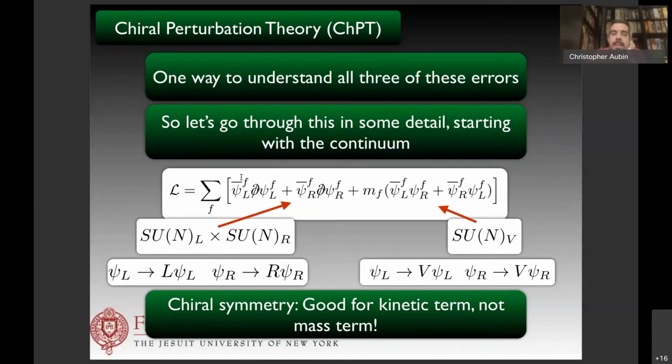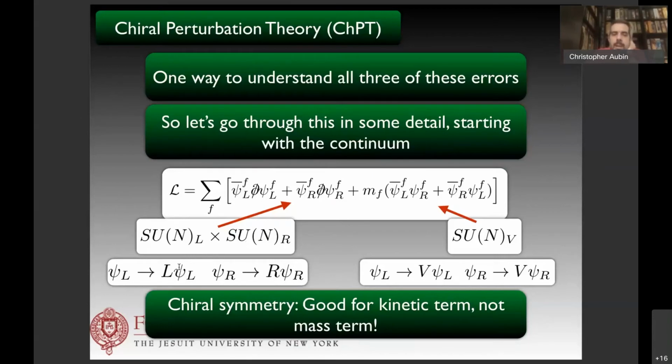So this has a separate symmetry for the quarks, and it's an N-dimensional symmetry, SU(N) left. If I change the fermion field by an SU(N) matrix L, and of course psi bar will change by psi bar L, then I could change the right-handed quarks separately.